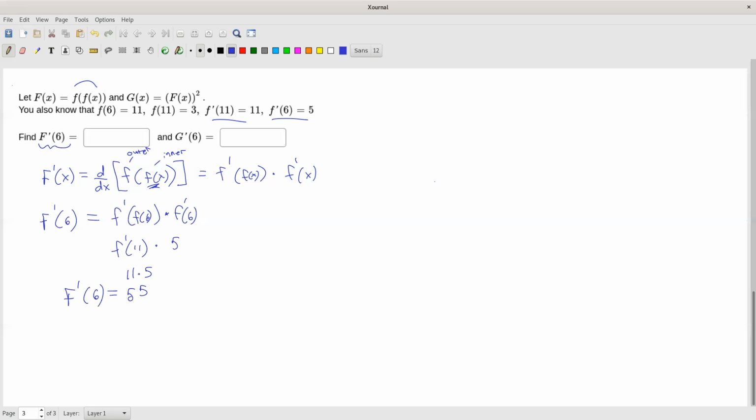And I really have to do all of that before I can deal with G, because G is related to capital F. So now let's try capital G. Like before, I'm going to find its derivative just with an x, not with the 6 yet, which means I need to think about what is the derivative with respect to x of the square of capital F of x.